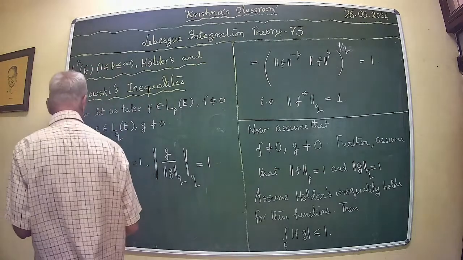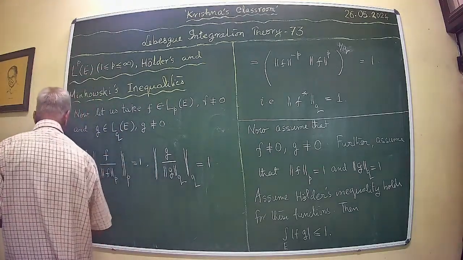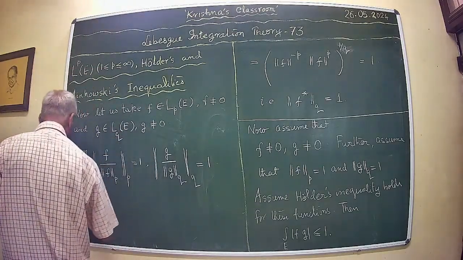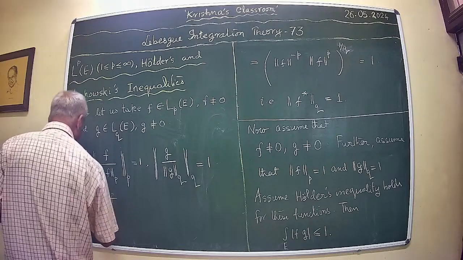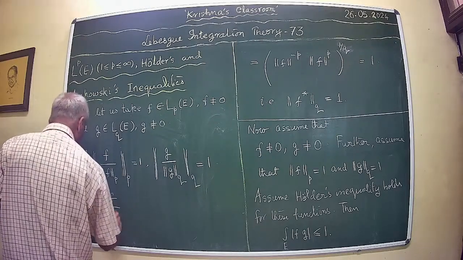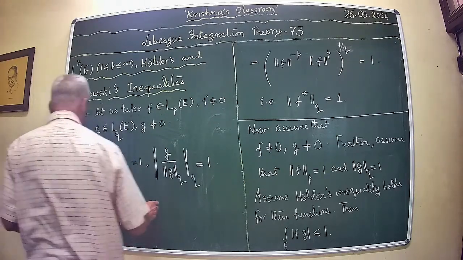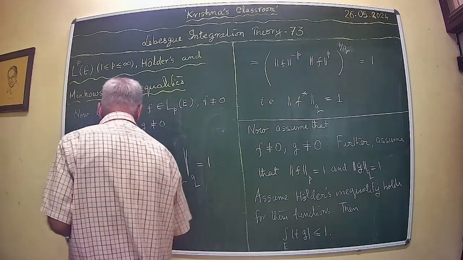Therefore, let f tilde be f divided by its norm and g tilde be g divided by its norm.